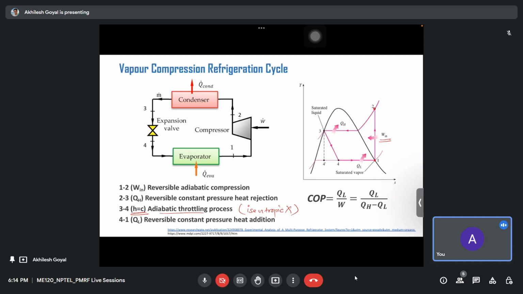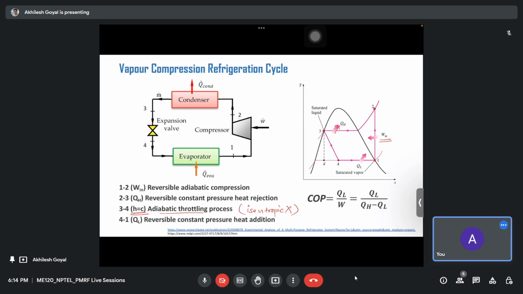From point 2 to 3 is the condenser. Here the heat Q is rejected while condensing the high pressure refrigerant that is in gas form.